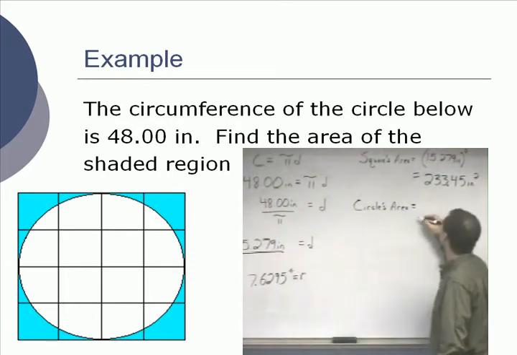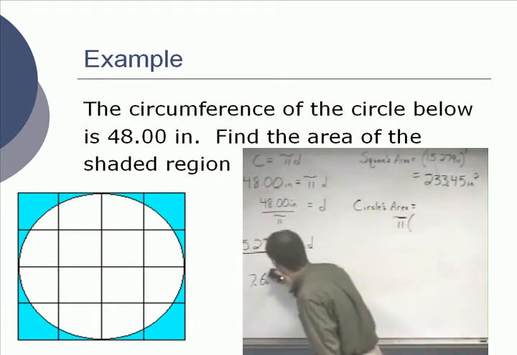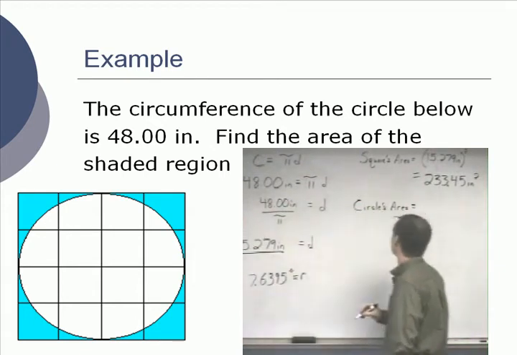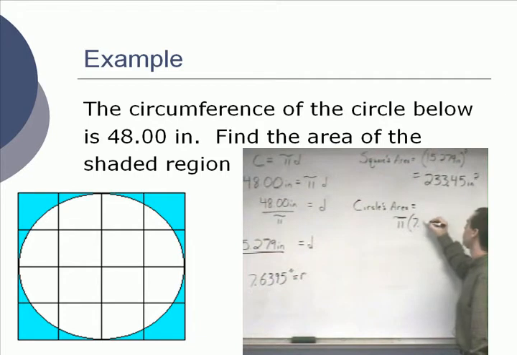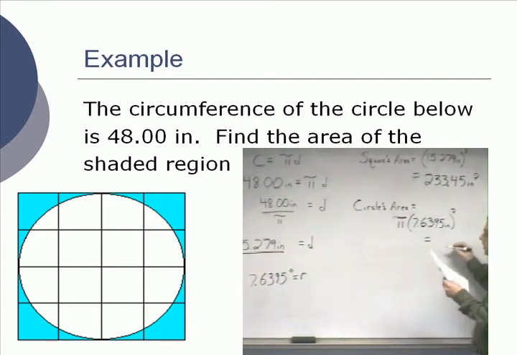So our circle's area is going to be 7.6395 squared times pi. That gives us the circular area of 183.35 square inches.